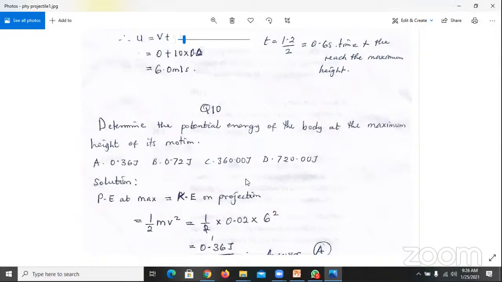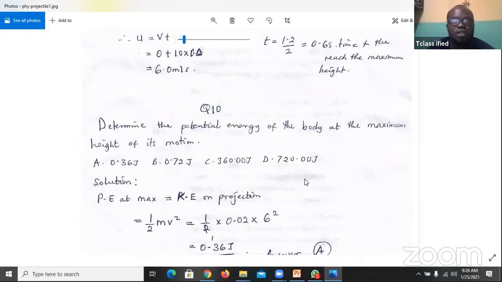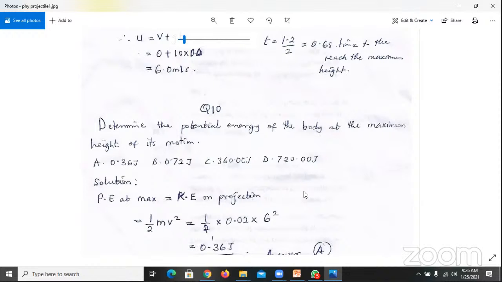Is the velocity always equal to 0? The velocity at the tip, at the maximum height. They didn't say it in the question. How do you know it's maximum height?